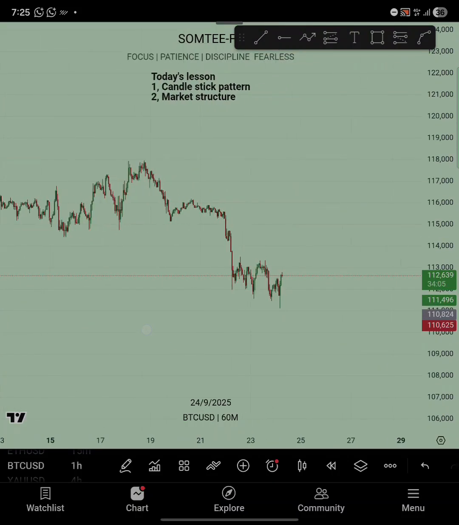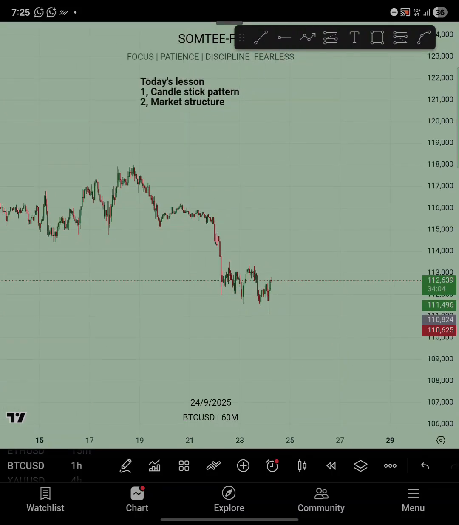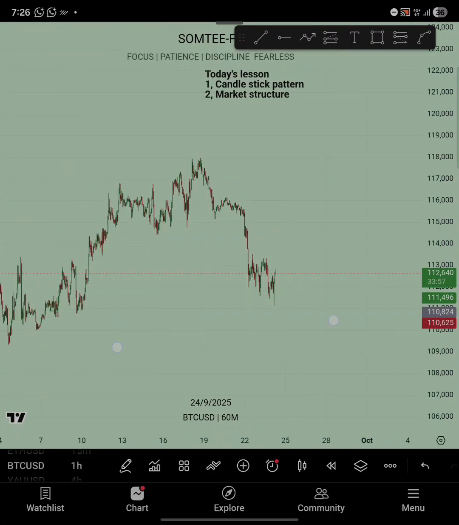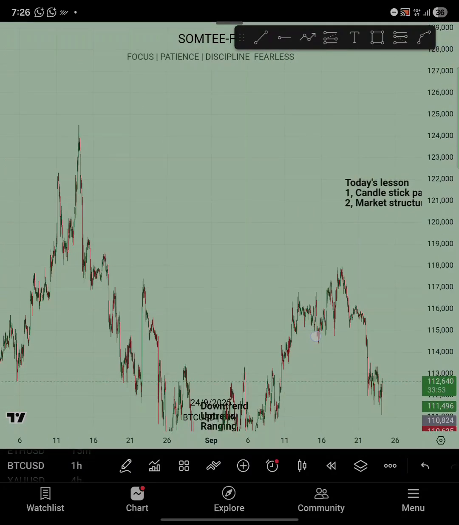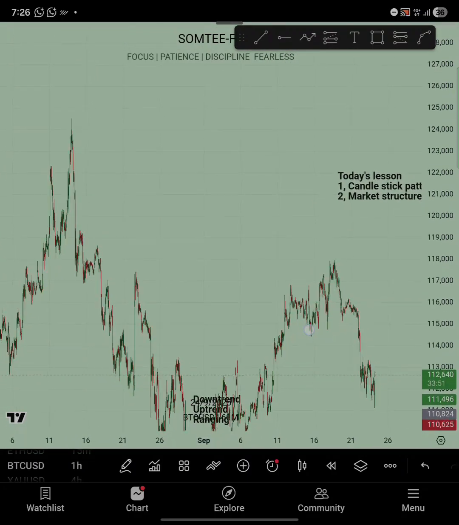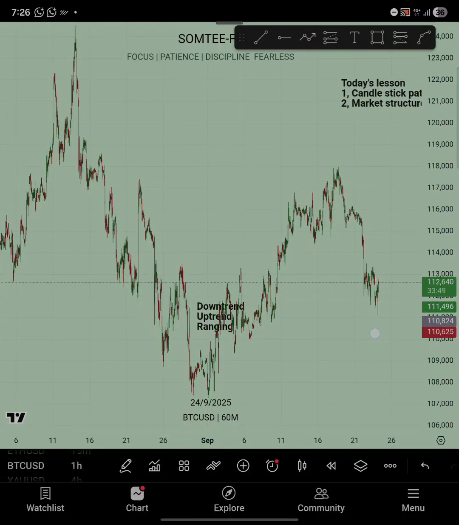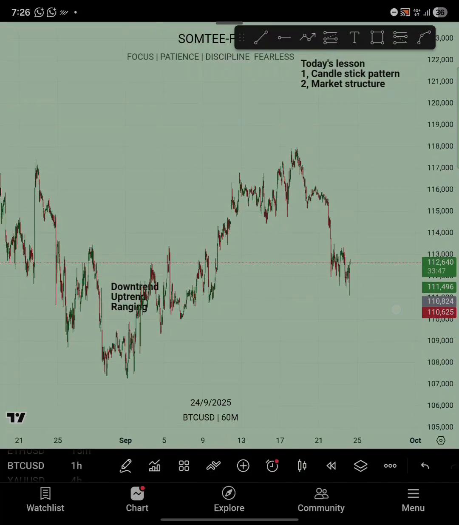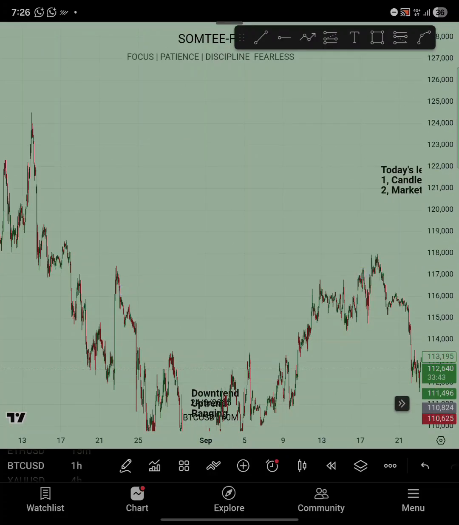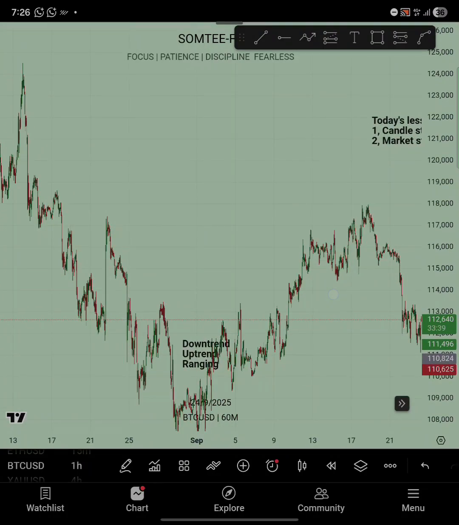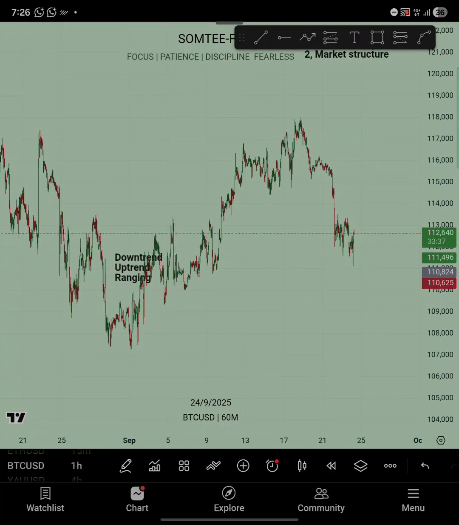If you check, BTC is at 112,600, which signifies that it is in an uptrend, because the previous high was 124. Still in an uptrend, so we keep on moving, because this year we are expecting BTC to hit 170 plus probably before the year runs out.